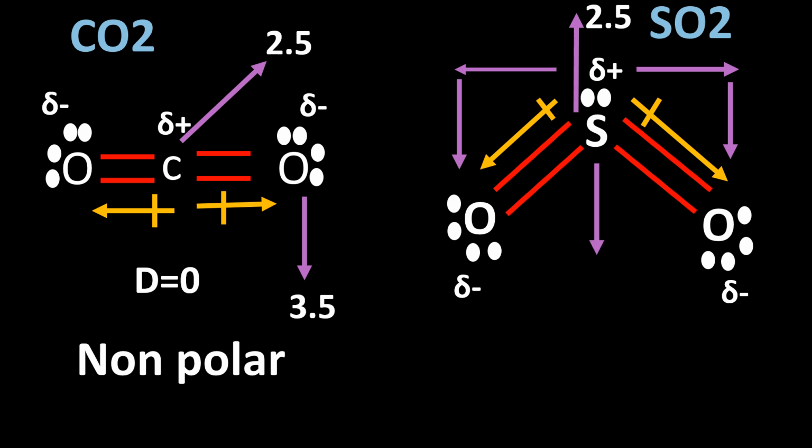So there is a net dipole moment. So the net dipole moment is not equal to 0 in the case of sulfur dioxide. So we can say that sulfur dioxide is a polar molecule. Carbon dioxide is non-polar while sulfur dioxide is polar.